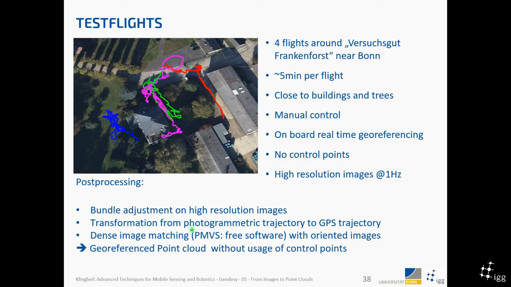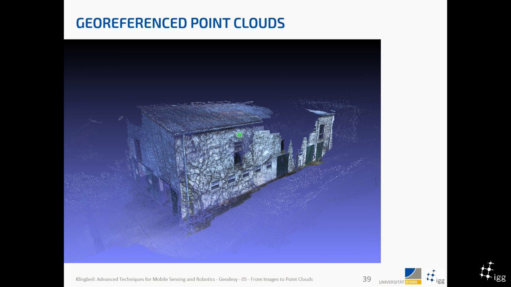And then we used the images and the position and orientation data to create a sparse point cloud, the first thing, and then use dense image matching, a free software which does the dense cloud, and then we get a georeferenced point cloud. And this is what it looks like.